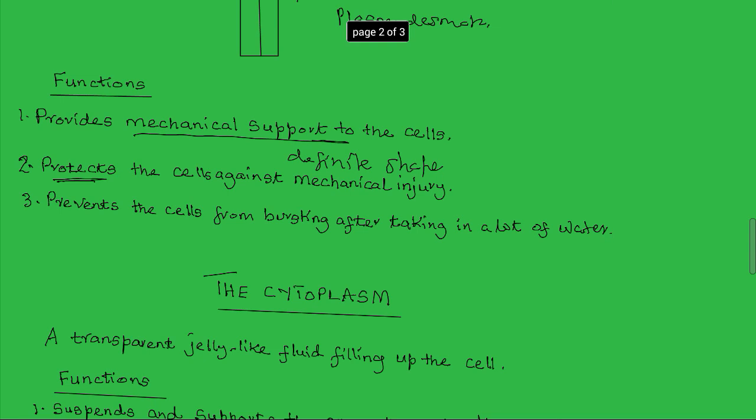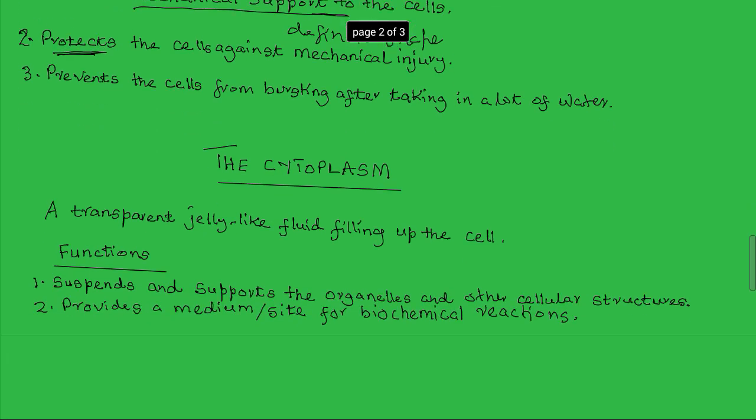Now, the cytoplasm is a transparent jelly-like fluid. It is viscous, it is thick, and it fills the inside of the cell.